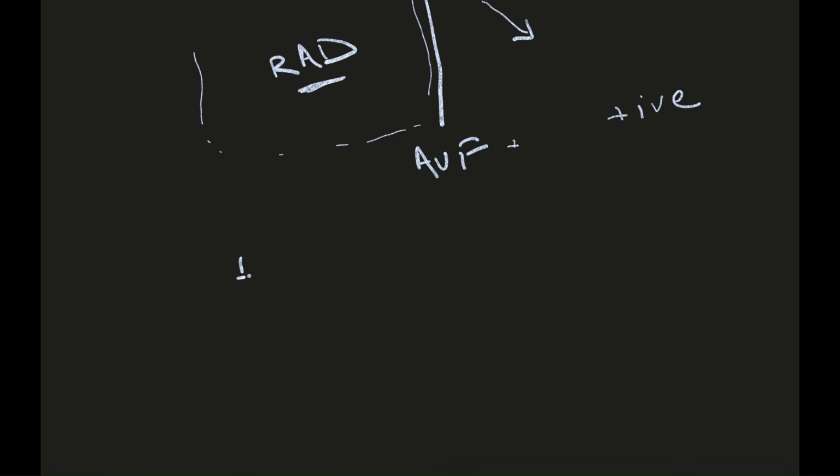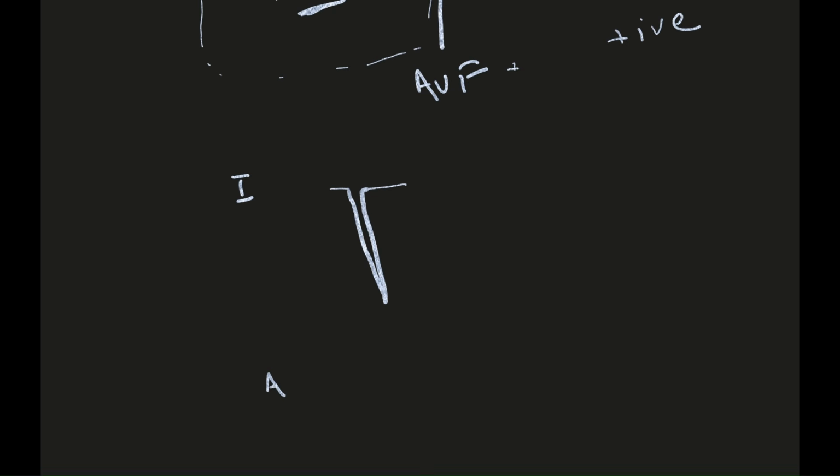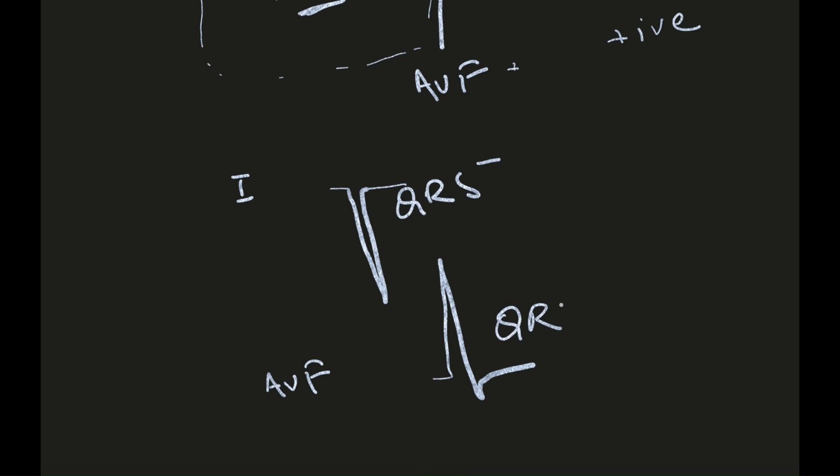If you look into the ECG, your lead 1 becomes negative and your AVF will stay positive like this. In lead 1 the QRS complex is negative and in AVF the QRS complex will be positive.